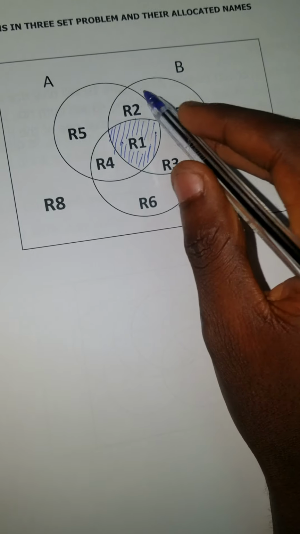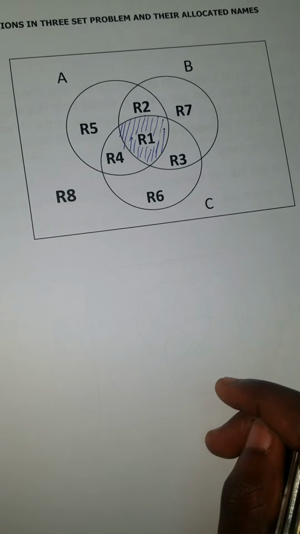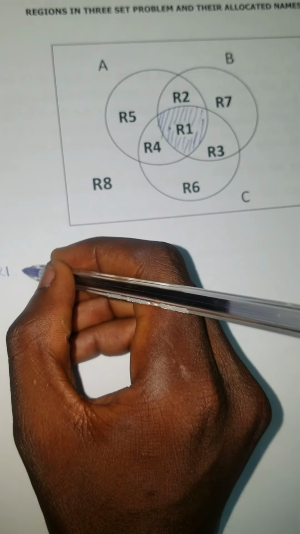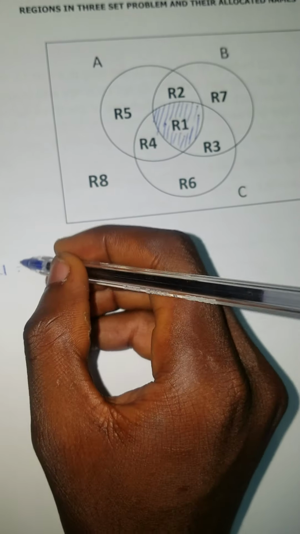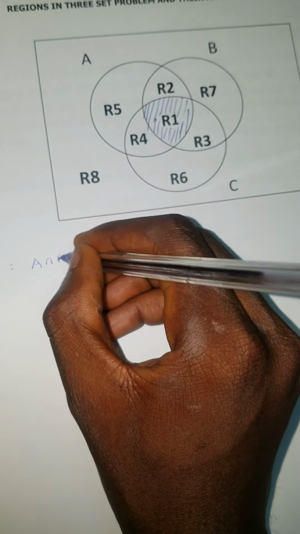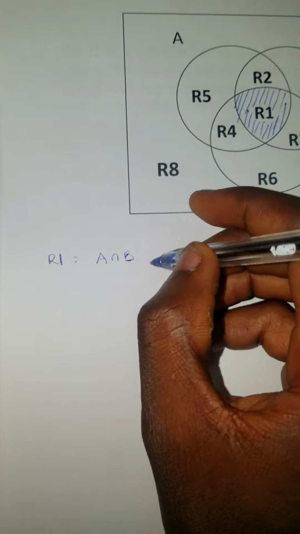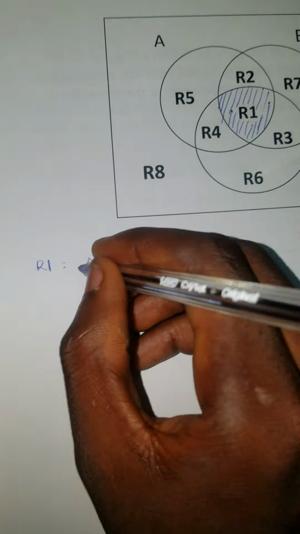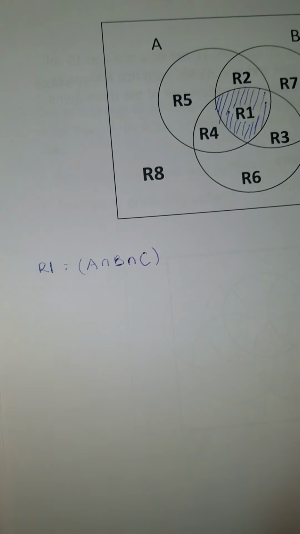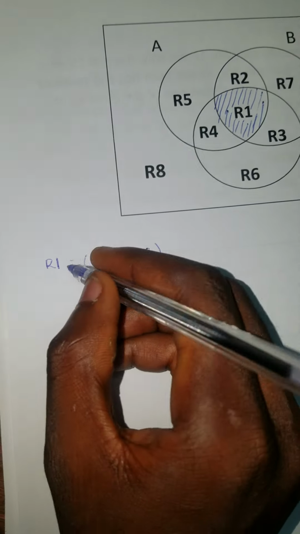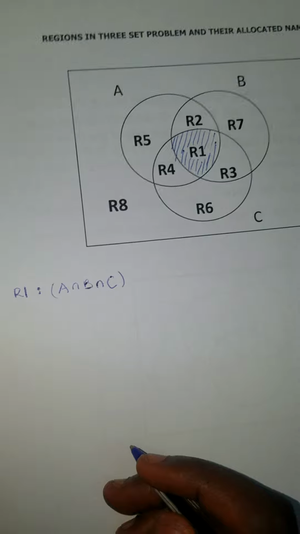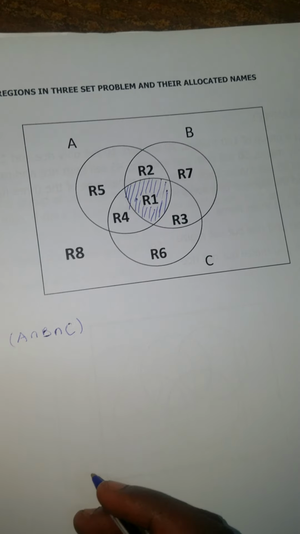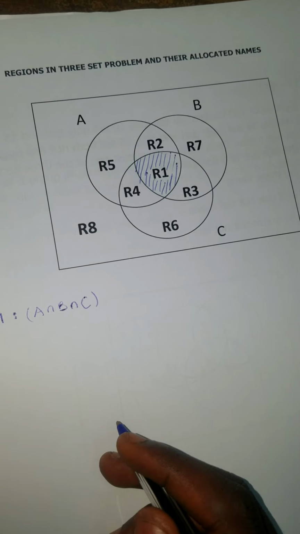All the three circles intersect at this region, and so we call this region A intersection B intersection C. That is our first region.